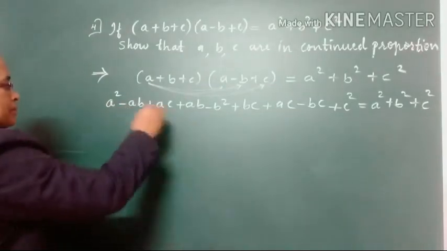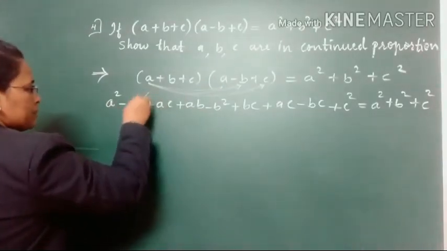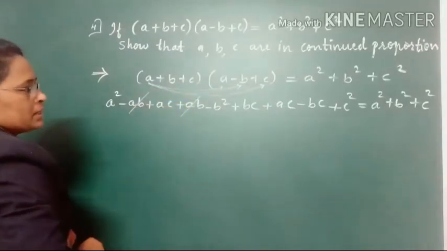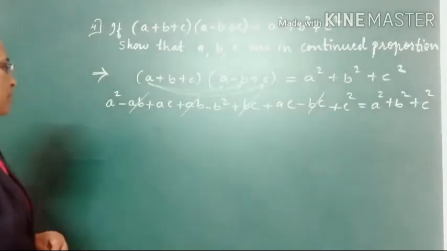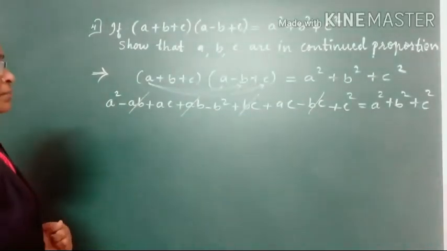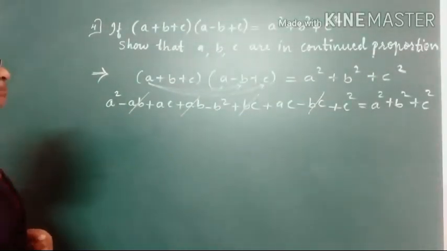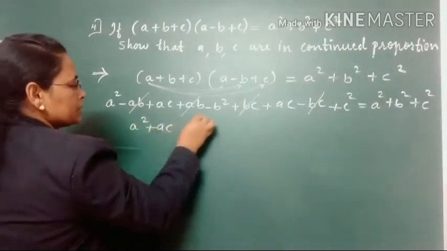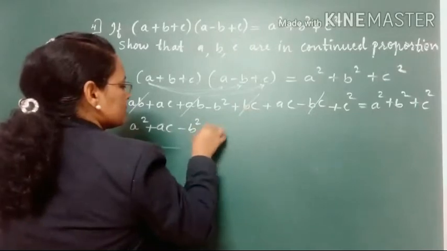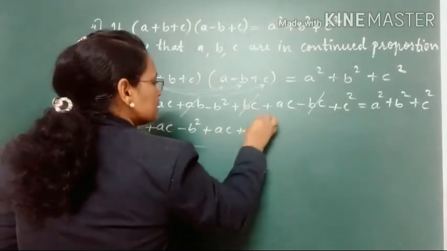Here now if you see, negative AB plus AB will become 0. Similarly, positive BC and negative BC will become 0. And what is remaining, we will write here: A square plus AC minus B square plus AC plus C square.